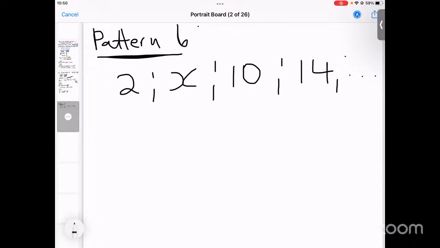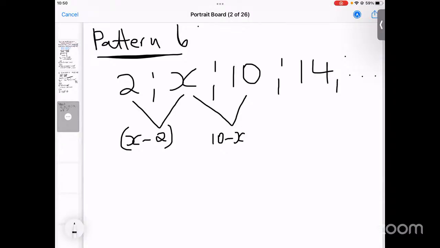So for the fact that they said it is a linear number pattern, it means this minus that. What is that? That is X minus 2. So that means X minus 2 is the same as 10 minus X, because that's what we do to get the common difference, isn't it?